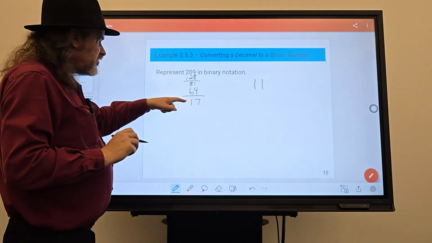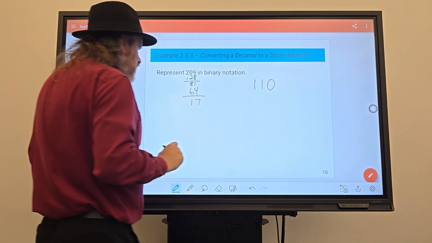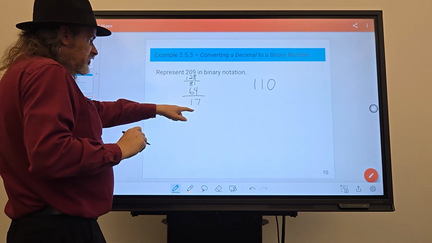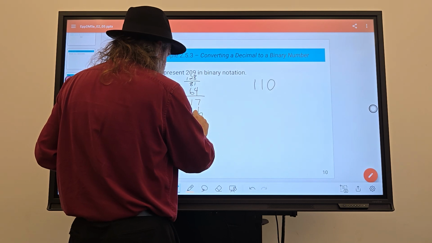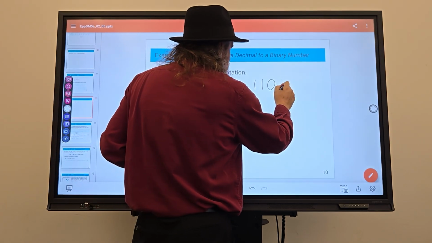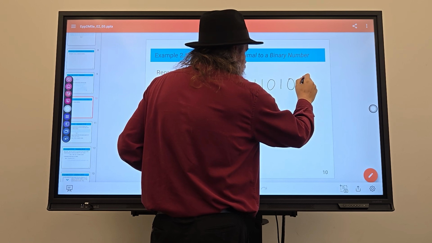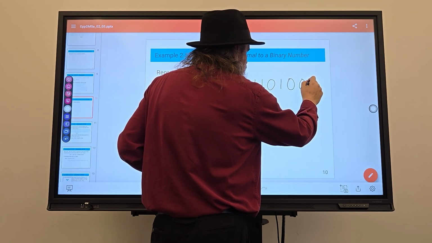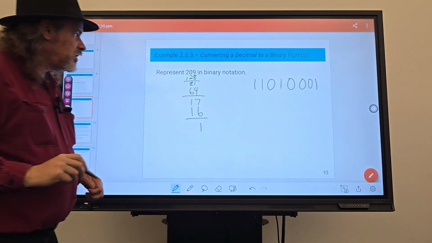This is less than 32, so there's nothing in the 32's place. There's a 1 in the 16's place because it's greater than 16. So subtract 16, get 1. And then there's nothing in the 8's place, 4 place, 2's place, but there is a 1 in the 1's place.